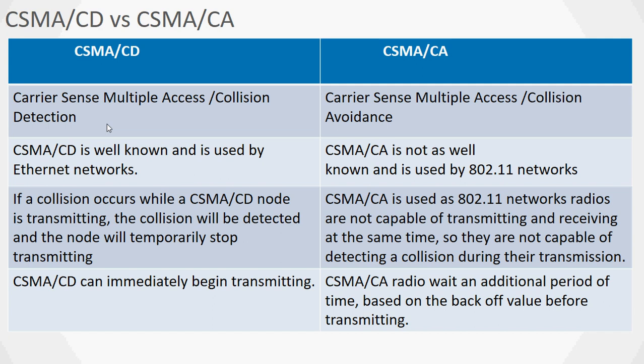Like if person A is sending, once person A stops sending, person B can immediately start sending the data. But in CSMA/CA, it is not possible to immediately start transmitting. Once person A finishes transmitting, person B shall wait for some time before transmitting the data. That is called a backoff time. We will discuss this backoff timer in detail later. So these are the differences between CSMA/CA and CSMA/CD.